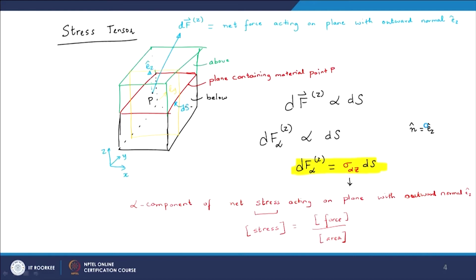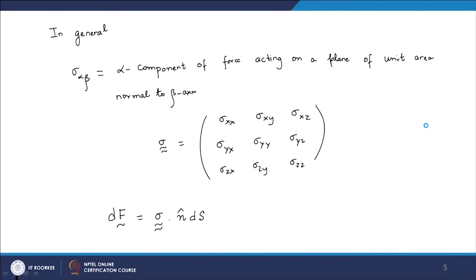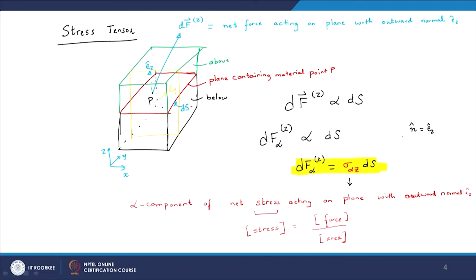If I am looking at the df that is acting there, it will be sigma dot Ez ds.